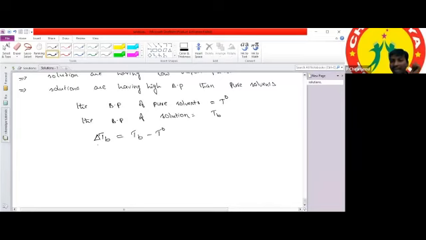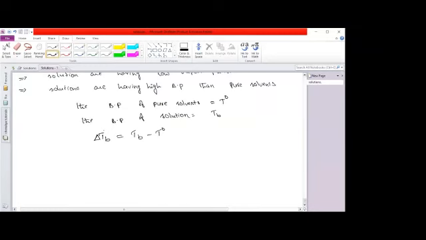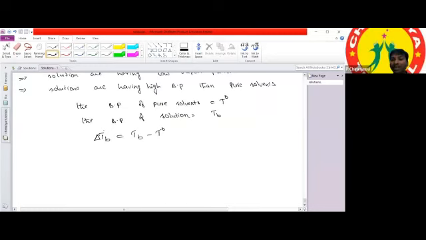So what is meant by molality? Number of moles of solute present in 1 kg of the solvent is called molality.